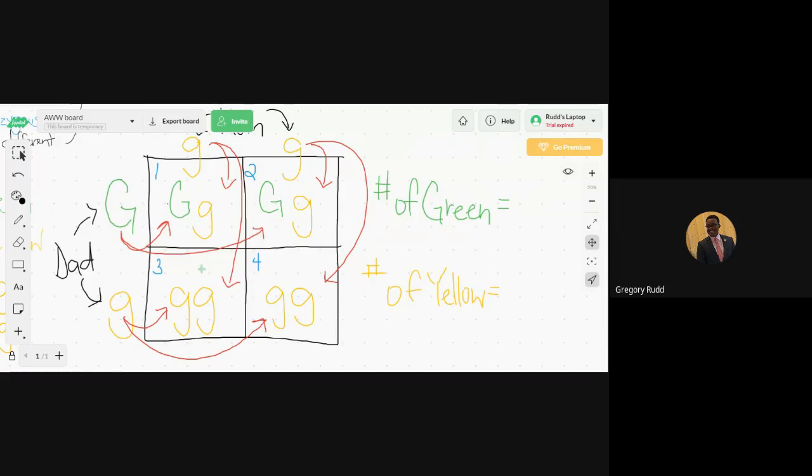How many of these offspring are green and how many of the offspring are yellow? Don't be discouraged if you're a little confused. This can be difficult stuff the first time.